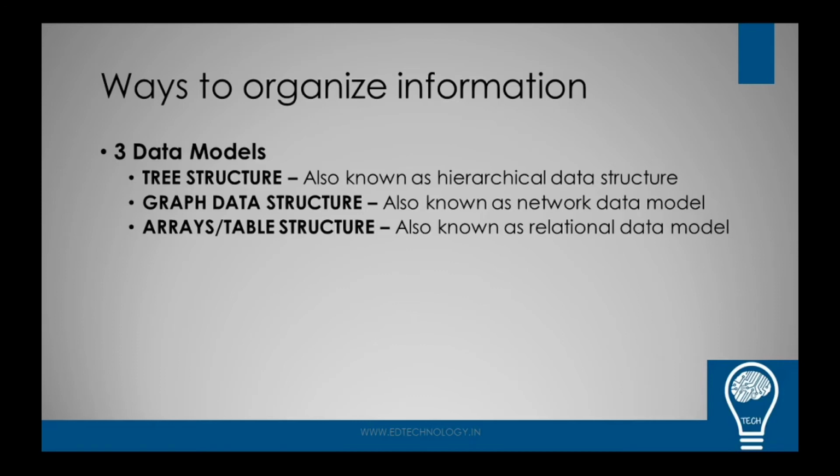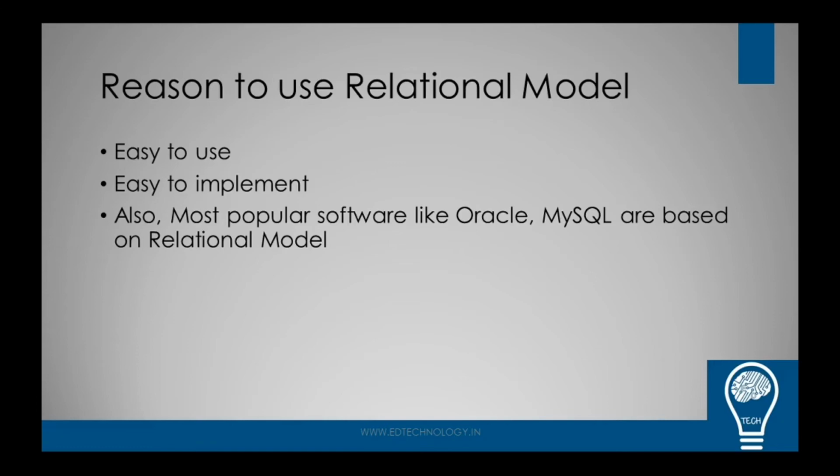And the third one is the relational data model, which stores data in the form of arrays and tables. So these are the models used to convert data into information. What we are going to discuss over a series of videos is the third one, because the major reasons for using the relational model as the storage mechanism are, first, that it's very easy to use, because arrays and tables are easier to implement and use compared to the tree or graph models, right?